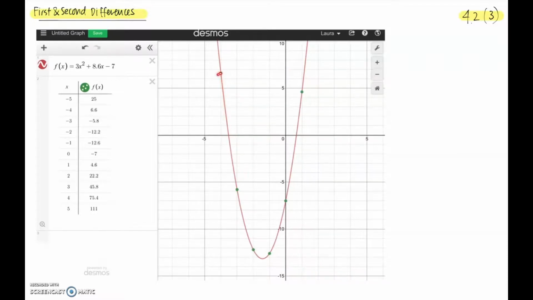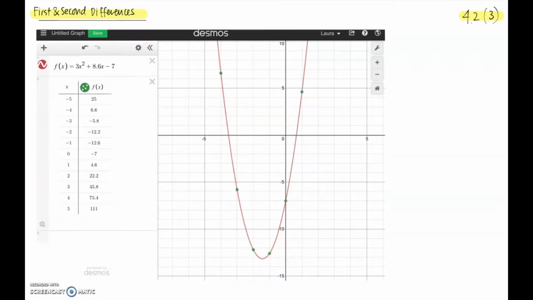Yeah, that's a point on the graph. And -3, -5.8, that's a point on the graph. -2, -12.2, and -1, -12.6, and 0, -7, we already knew that guy. Okay, so essentially this is a table of values of this function.